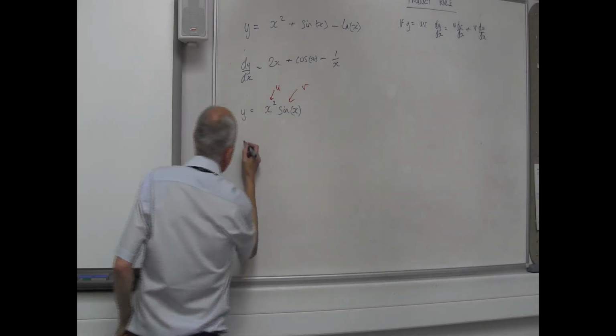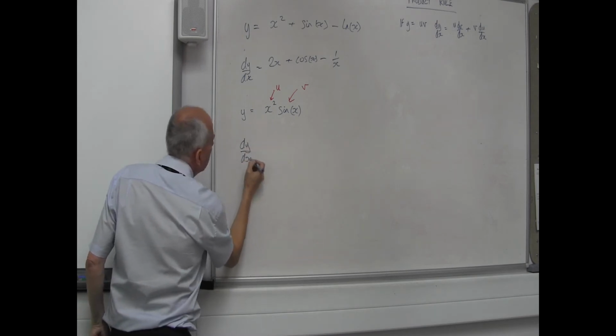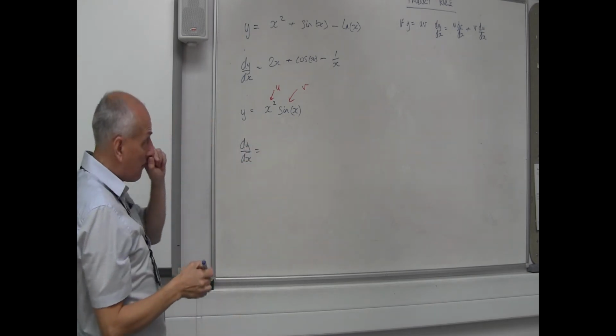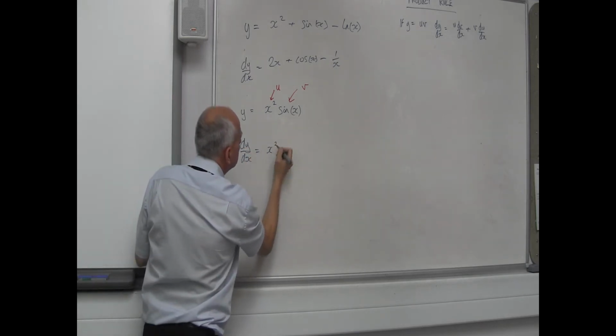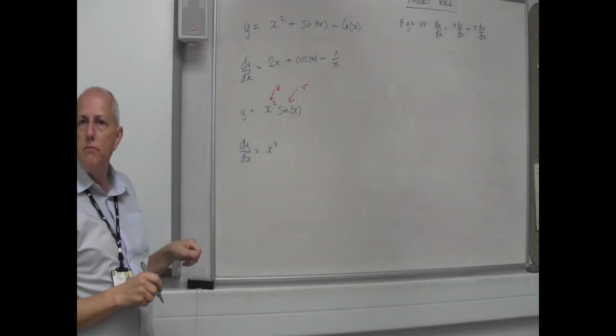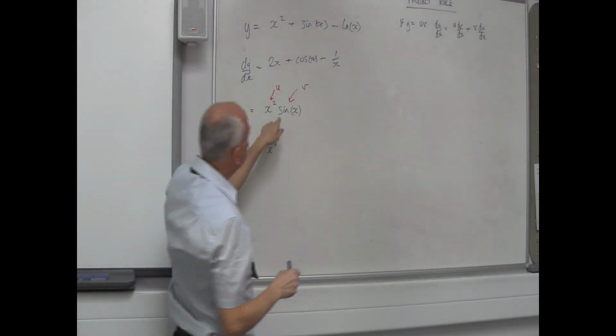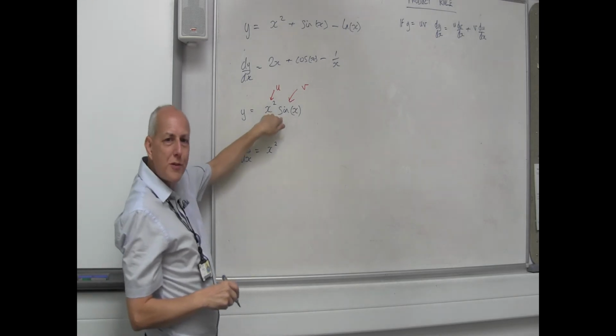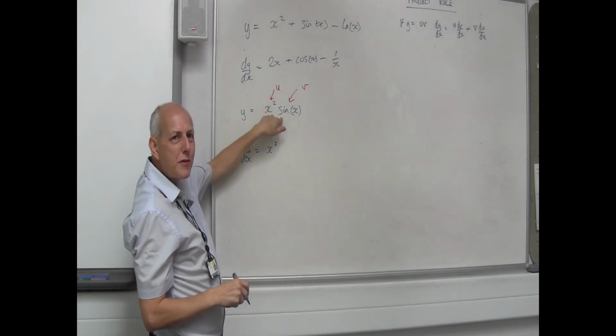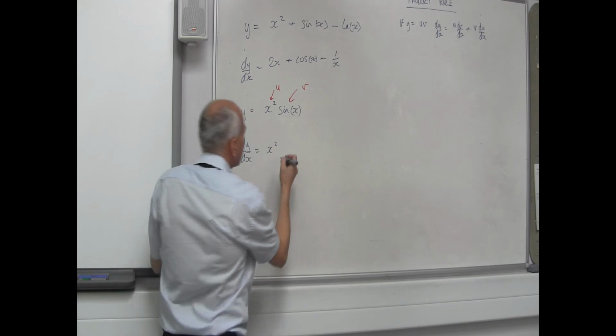So dy dx equals, so u as it comes, x squared. Okay, straightforward. Times the derivative of this. Derivative of sin x. Shout it out. Derivative of sin x. Cos x.